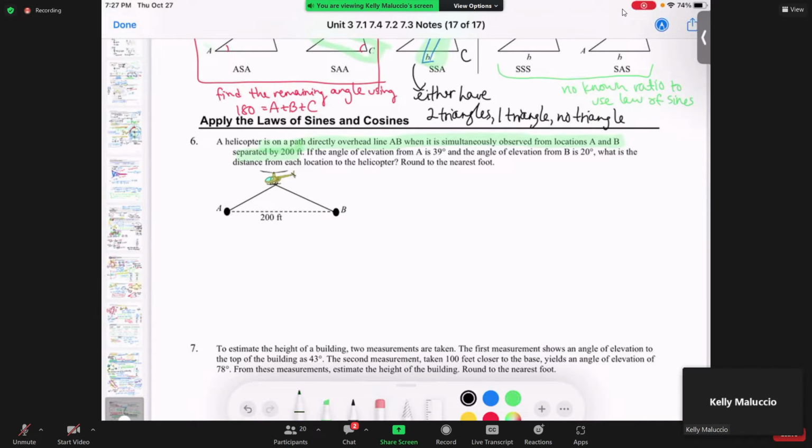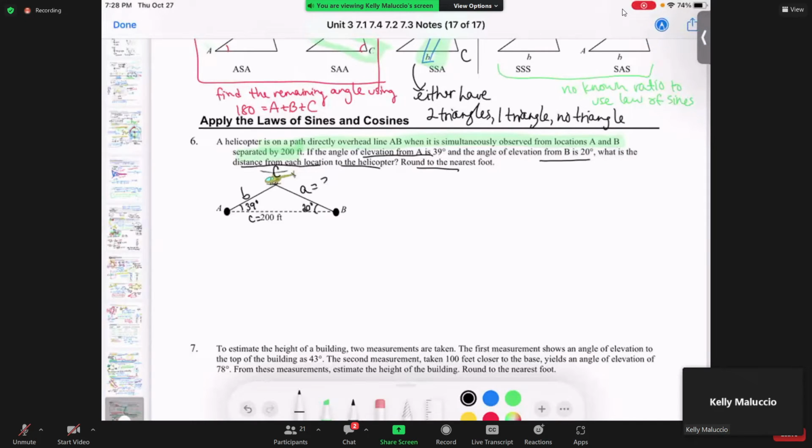We can label little a across from big A, little b across from big B, and we'll let this be little c, and this is angle C. If the angle of elevation from A is 39 degrees, and the angle of elevation from B is 20 degrees, what is the distance from each location to the helicopter, rounded to the nearest foot?